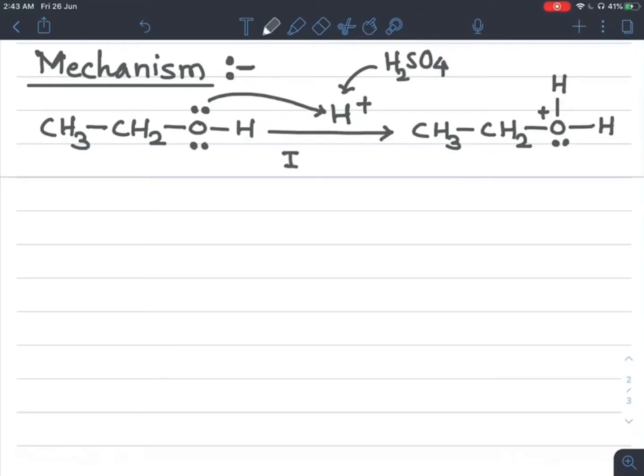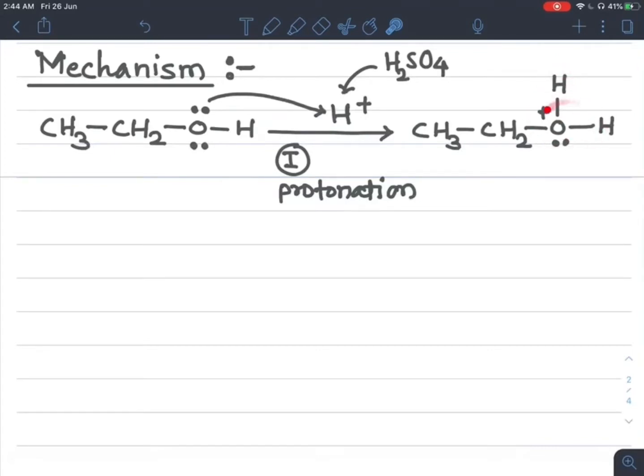First step, the protonation step. Protonation means addition of H+ takes place using the lone pair of oxygen, which then carries the positive charge. But this oxygen is highly electronegative, and it becomes unstable due to donating this pair of electrons to the hydrogen.